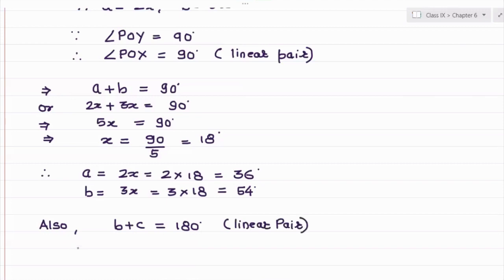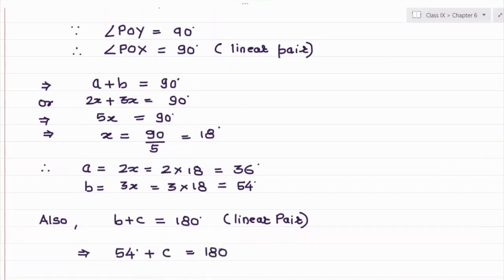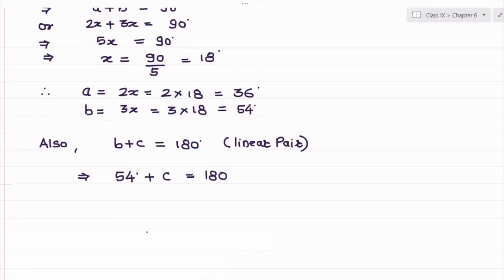Okay, now we already have the value of B. What is the value of B? I have 54 degree plus C equal to 180 degree. Now further, 54 will go to the other side, so C will be equal to 180 minus 54.